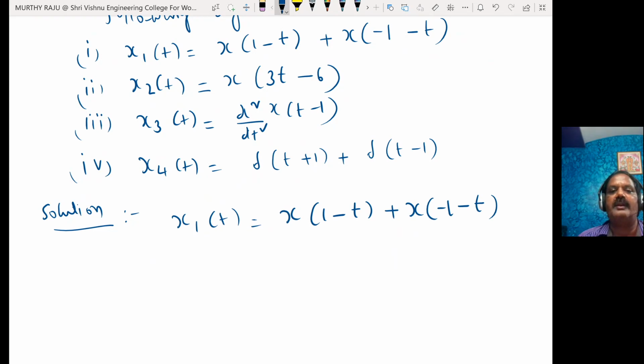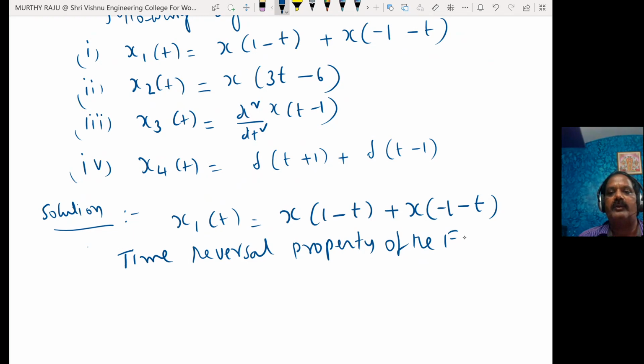By using Fourier transform properties, according to the time reversal property of the Fourier transform, the Fourier transform of x of minus t is equal to X of minus omega.